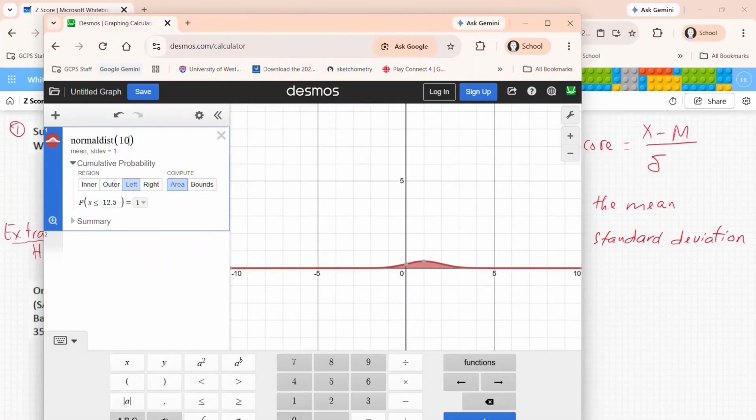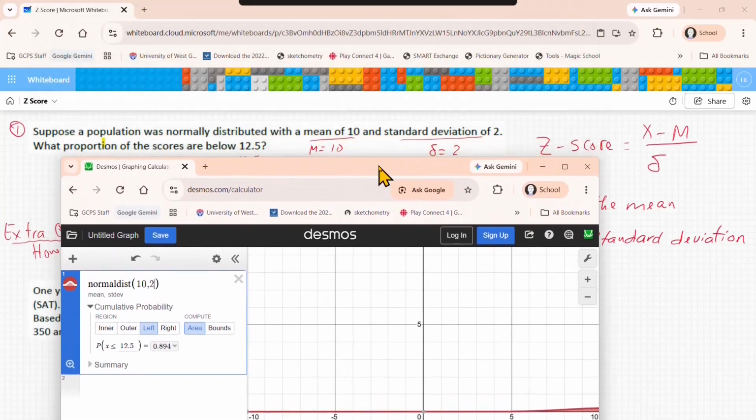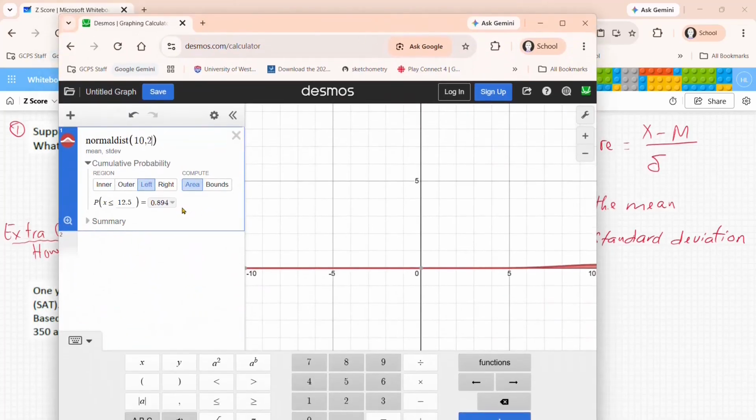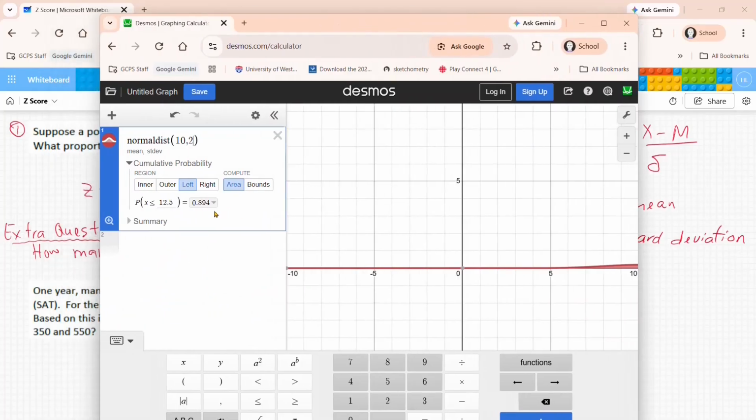You put the 10, then a comma, and then you put a 2. And then when you go down here, you put the left because it's below 12.5. So this is the probability or the percentage that you are looking for, 0.894.